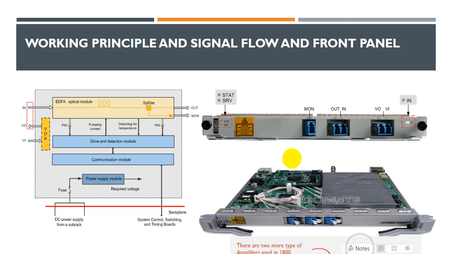That is the OBU working principle, signal flow and front panel diagrams. In terms of working principle, you give any signal. EDFA works in the C band, and you will see the specification further, but it works between 1529 nanometer to 1562 nanometer range.